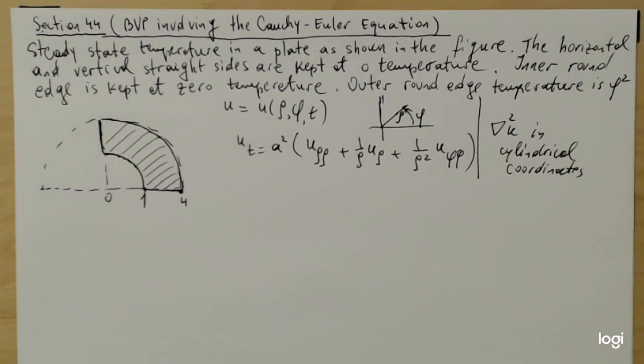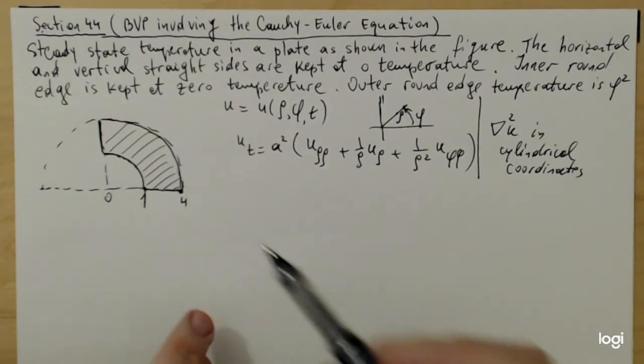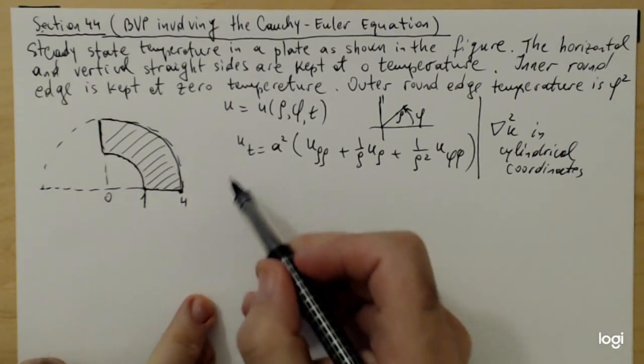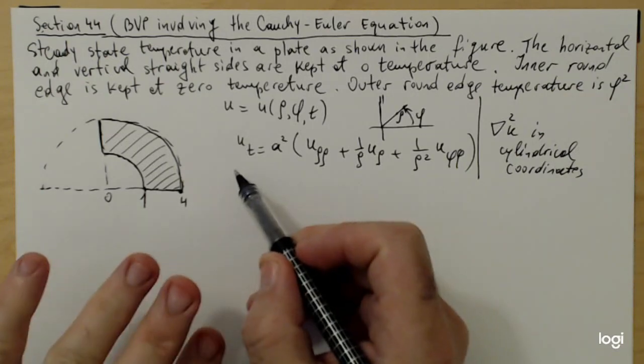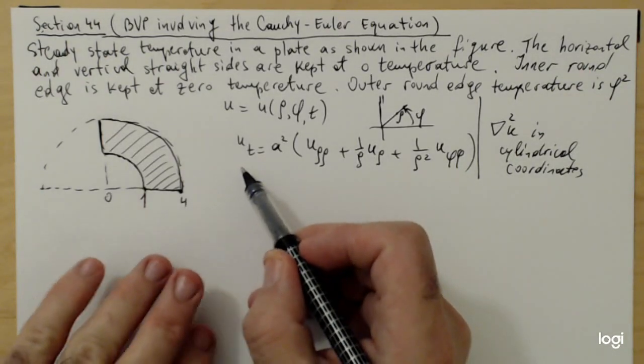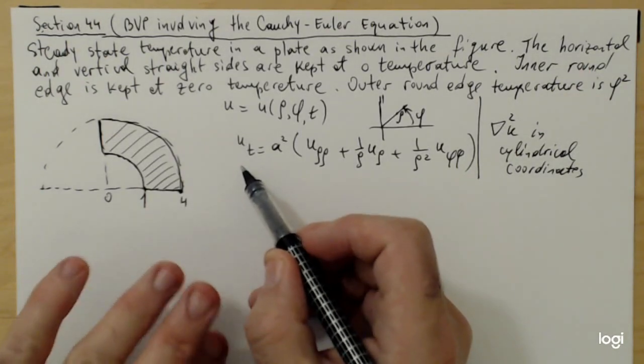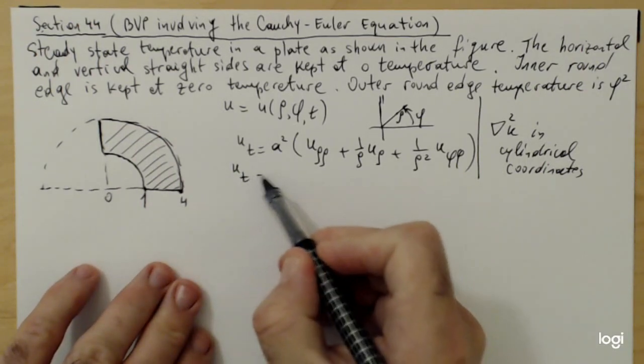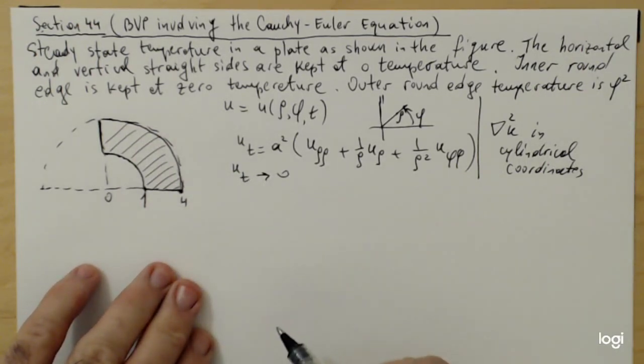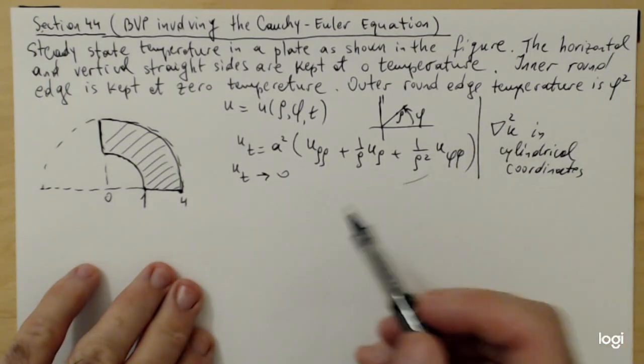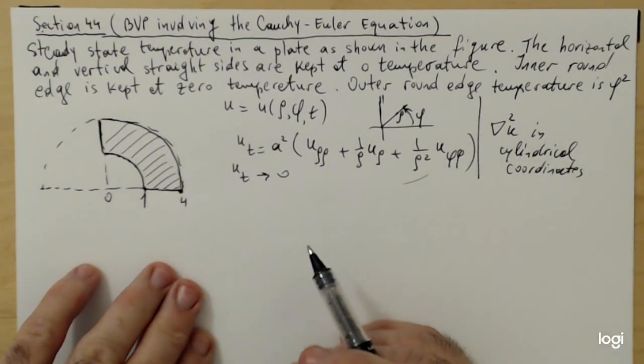So we say that we want to study the steady state temperature. Basically, steady state temperature means that if we assume that after some initial conditions and boundary conditions, the temperature doesn't change with respect to time anymore. Remember, that means we assume that at some point partial t will be 0. What's left in the PDE will give us the final temperature distribution.